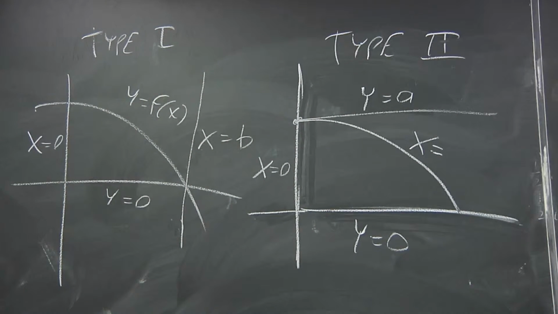Just in general, so we just have a general function f of x here. So how would we write the upper limit in x? The limits in y have to stay constant. So for that portion of the boundary, how can we write x in terms of y?